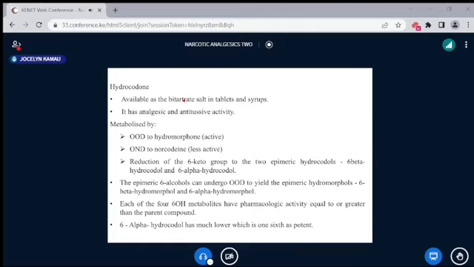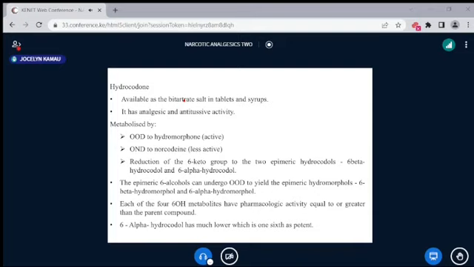That is why it is a codone. So it can undergo oxidative O-demethylation at position number 3, and the resultant molecule, hydromorphone, is also active. Definitely, we know hydromorphone will have much more activity than hydrocodone.